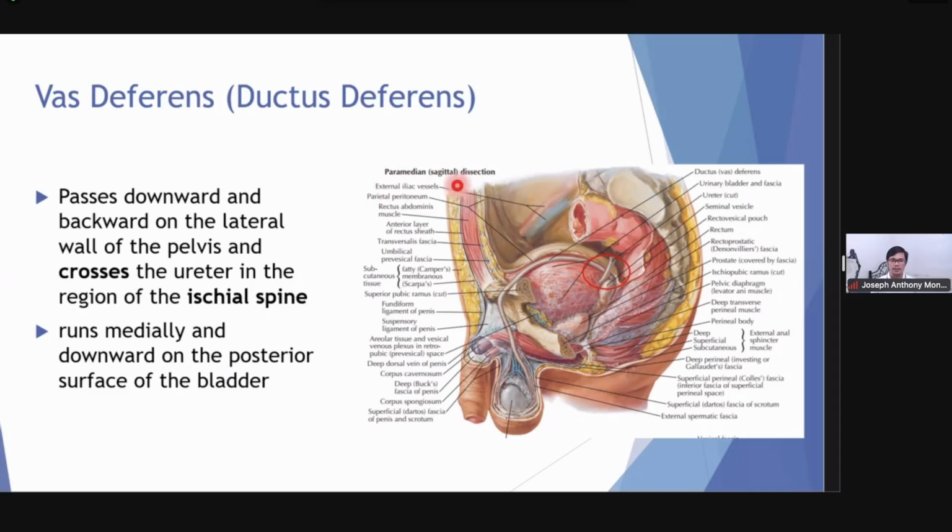Just to remind you, in studying your gross B, I think it is a bit easier compared to your gross A. Majority of the structures in gross B are visibly large, so you could appreciate them in comparison with gross A. Some of the structures in gross A are really hard to appreciate, most of which are the muscles of the intrinsic hand and the forearm musculature, as well as the muscles of the leg and the foot.